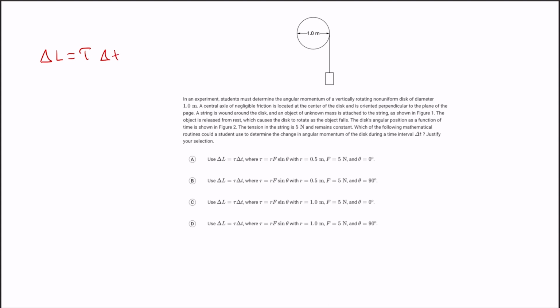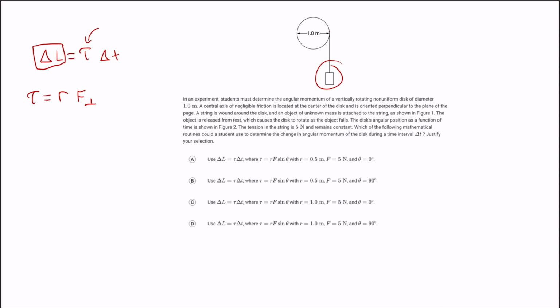And if we wanted to figure out what the impulse was, then we would need to know what torque is, and torque is defined as r F sine theta. Since the tension in this cable is tangent to the circle, we already know it's perpendicular, so we know it makes a 90-degree angle.